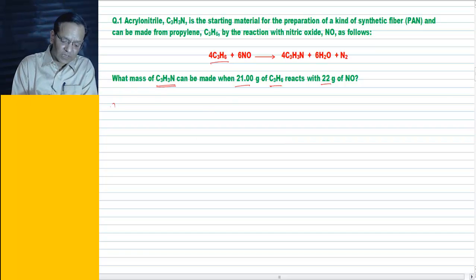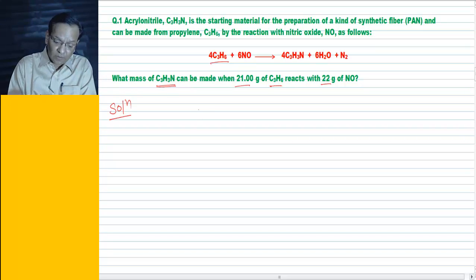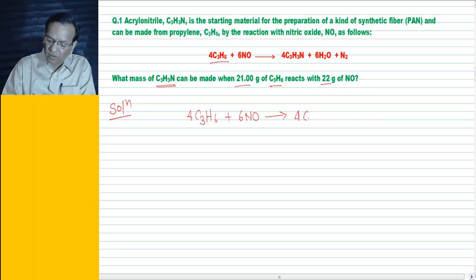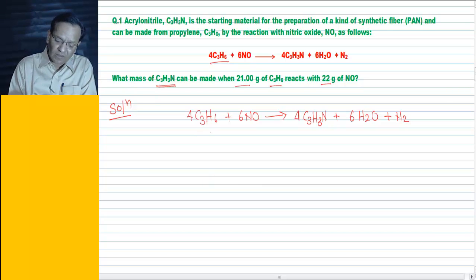So let us work it out in the same manner. We have 4C3H6 plus 6NO giving 4C3H3N plus 6H2O plus N2. So the mass of this is 4 into the stoichiometric mass, 4 into 12 3 is 36 plus 6, 42.